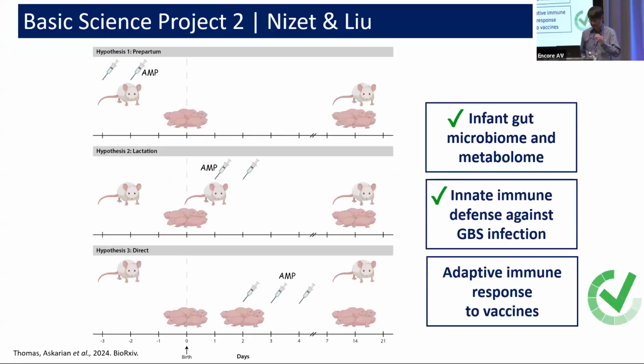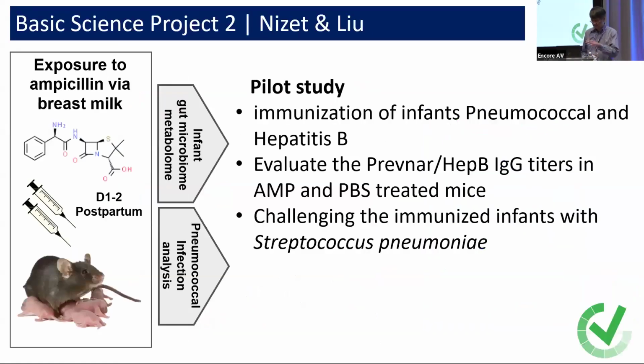In addition to that, as part of a project that we took on, we were looking at the effect of these antibiotics on innate function, how the neonate is able to clear GBS. And we actually found not a lot of difference, but on the adaptive branch, response to vaccine, we also noted quite an interesting find. This is a pilot study where we gave the ampicillin through breast milk on day 1 and 2 postpartum.